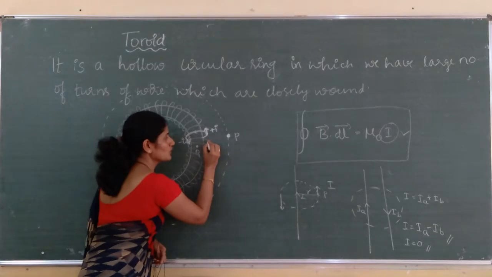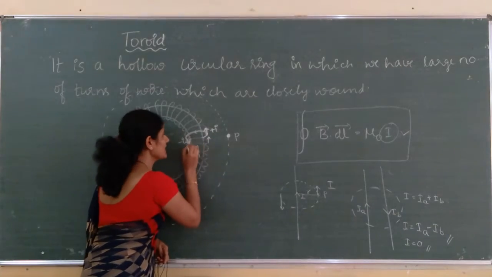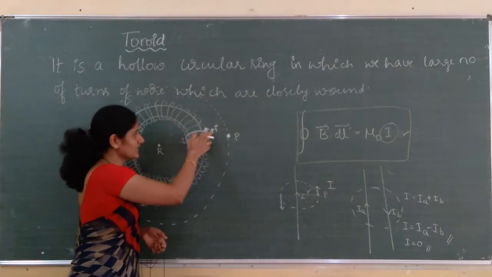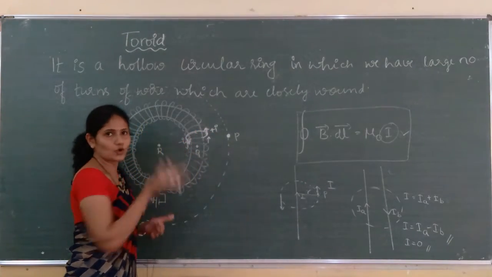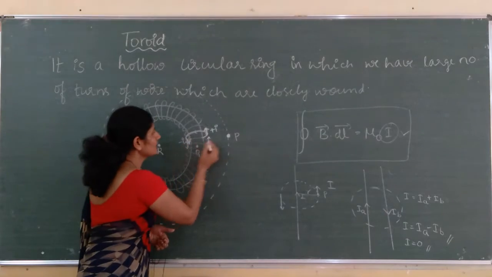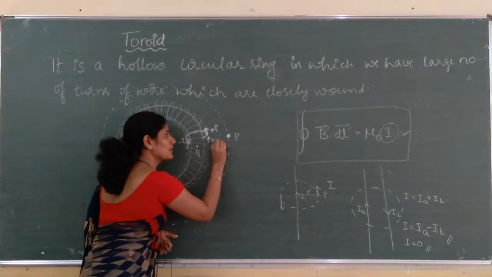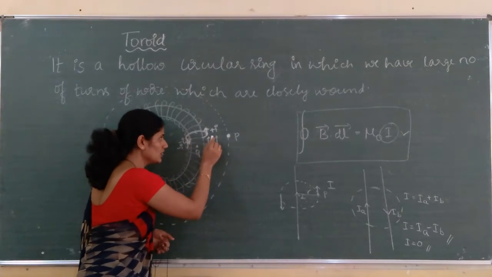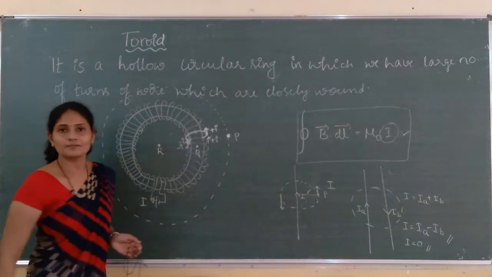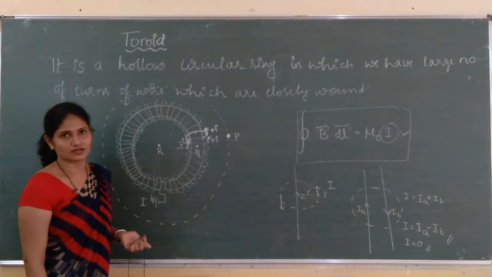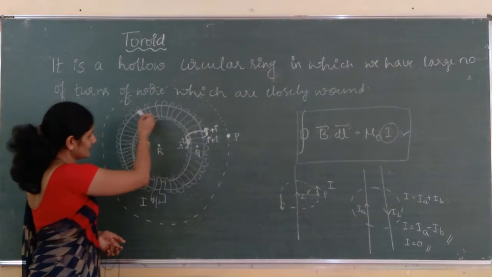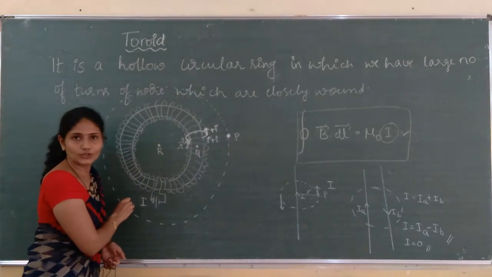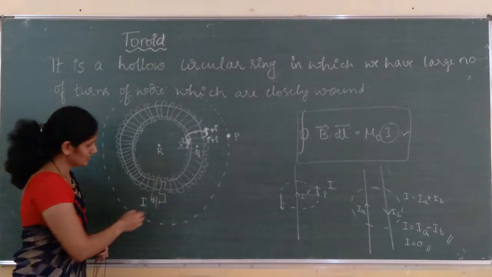Here also we have plus I and minus I. You can consider this as minus I and this as plus I, no problem. Here I will consider this as plus I and this as minus I. Here also both are equal, so these two currents will cancel with each other. So, the net current through the toroid within this loop I is equal to 0, right.